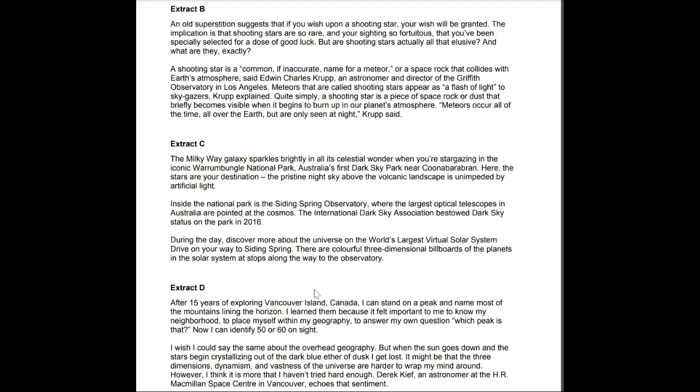Moving on to 23 now, we're looking at the passage which best mentions the official recognition of excellent conditions for looking at stars. So scrolling back to our extracts here, we're looking at the extract which best discusses how observation of these stars is achieved and the best conditions for looking at them.